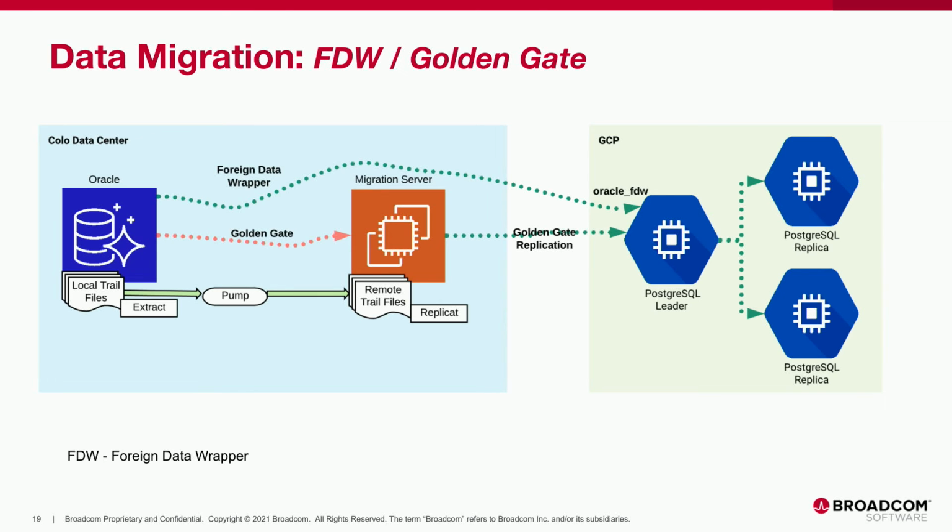What's a trail file? For GoldenGate, all the change data capture generates a trail file, and those trail files are locally stored. We don't want to store all the trail files while this migration is going on, because we know this is going to take time. It's just like in your Postgres, you have WAL logs, and on MariaDB, I think binary logs.